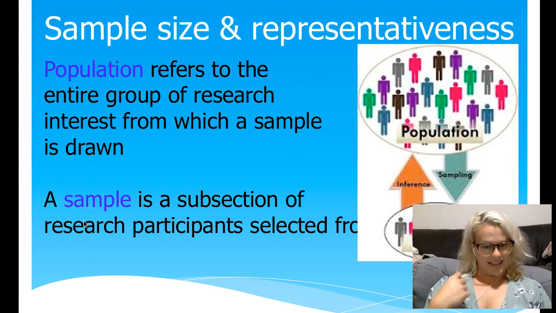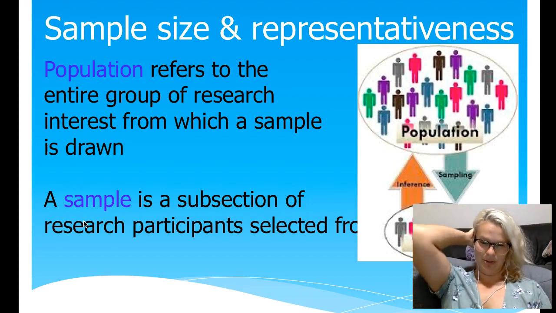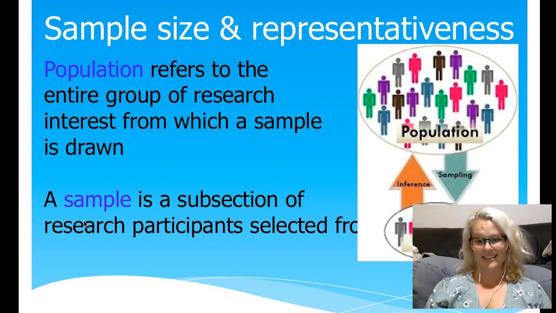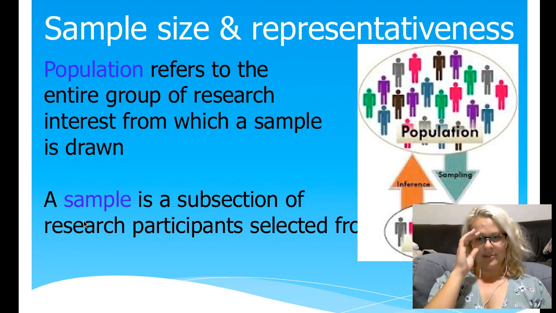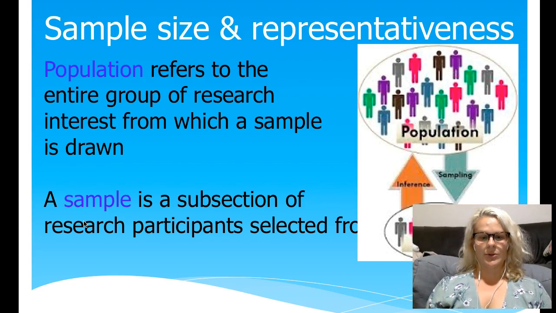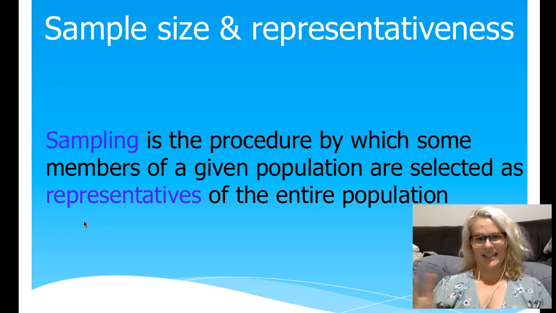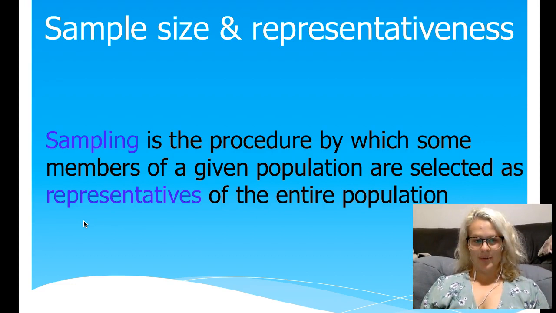The sample then is the people that you're actually doing your research on, so the participants that are taking part in the study themselves. So your population is the wider population, your sample is who you're doing your research on. We need to make sure that they are representative of your entire population.